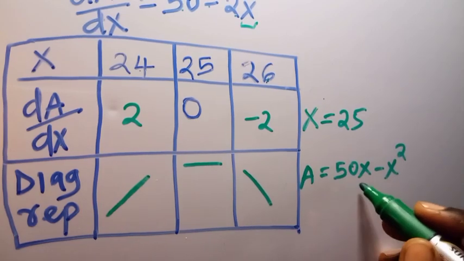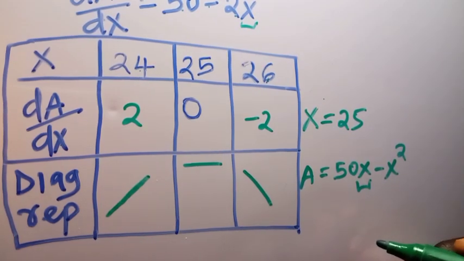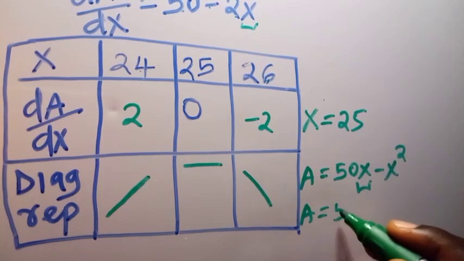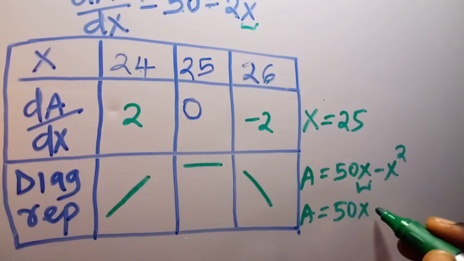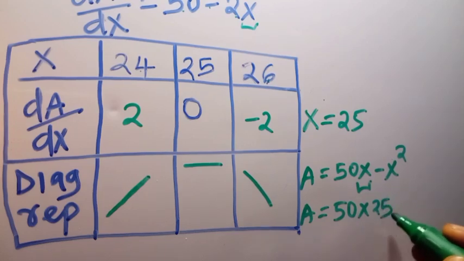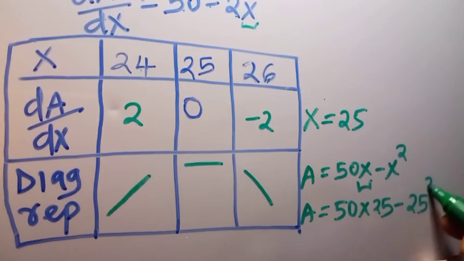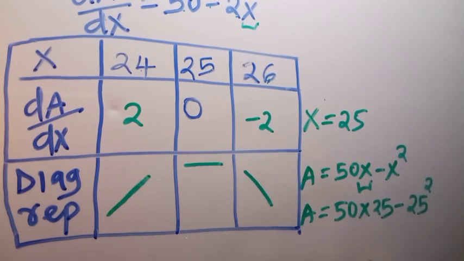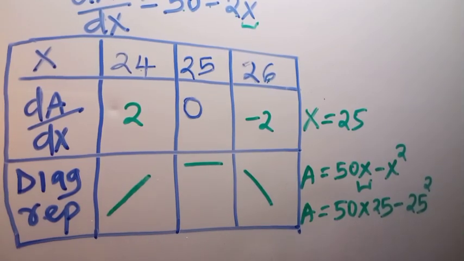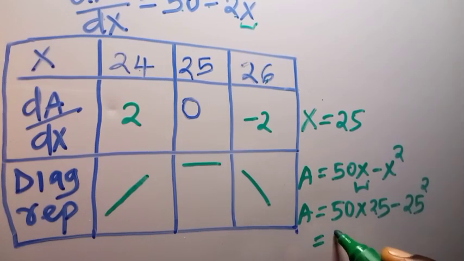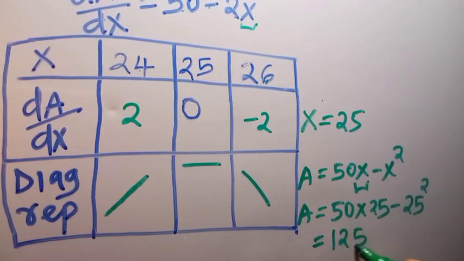So instead of x, we shall have 25, and therefore we shall have our area, which is 50 times 25 minus 25 squared. Now, 50 times 25 is 1250. Then 25 squared is 625.